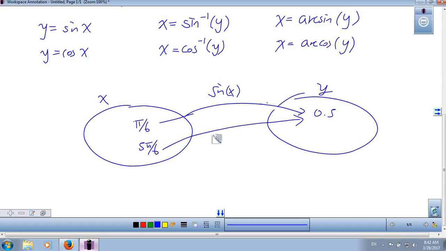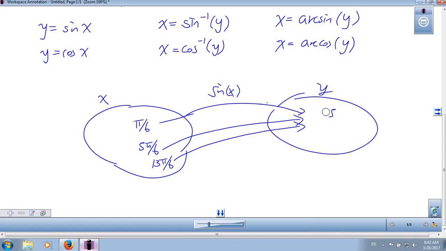Let me put in one more number. The next number is 13 pi over 6. If I put in 13 pi over 6, I still get 0.5. So for all these three inputs and more, I get the same output. That is okay for a function. For a function, you can have multiple inputs giving you the same output.